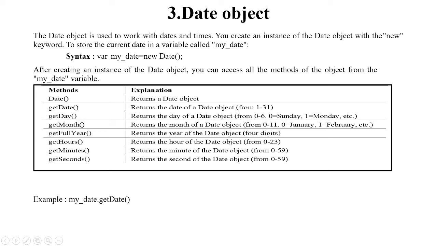And of course 60 seconds make 1 minute, so the numbering will also start from 0 to 59. If we want to display this, we can just say, since I have copied the instance of the date into the variable myDate, myDate.getDate(). So now I'm going to return the date of the date object if this is inserted in the JavaScript.